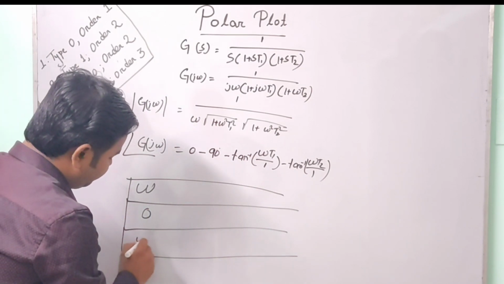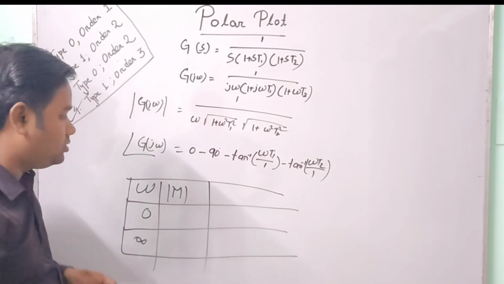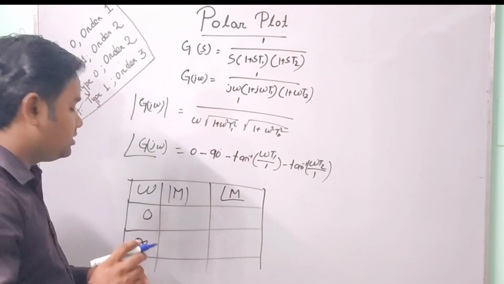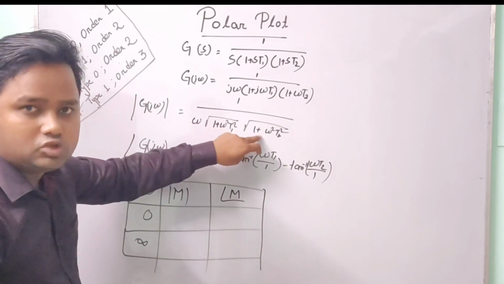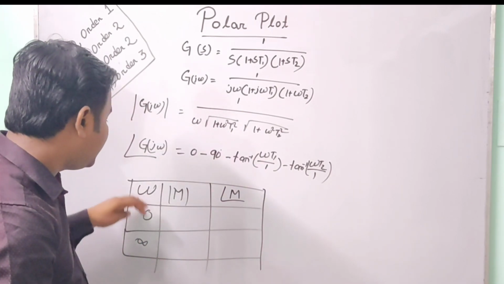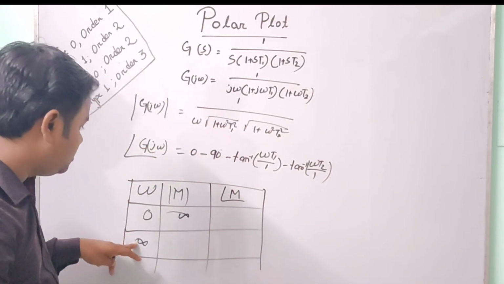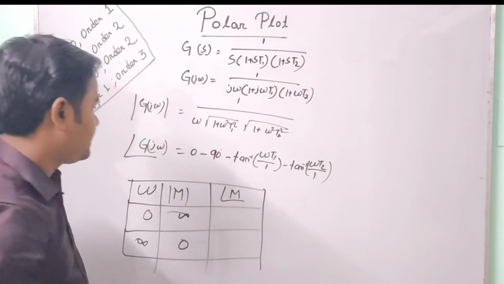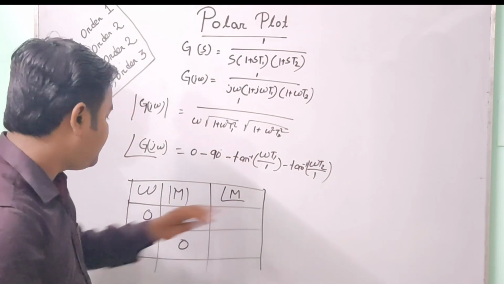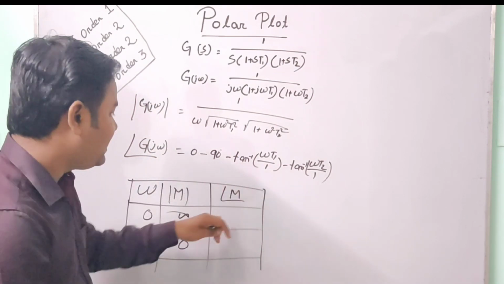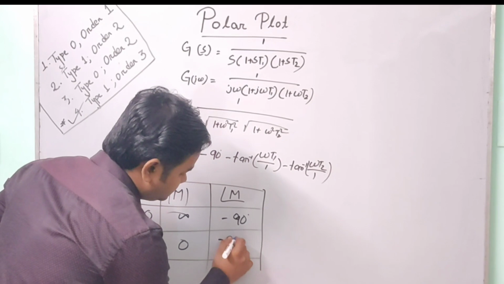If I put omega equal to 0 and infinity in the magnitude formula, I get: if omega is equal to 0, the magnitude is infinity, and if omega is equal to infinity, the magnitude is 0, because 1 by 0 is infinite and 1 by infinity is equal to 0. Now by putting the values of omega in the angle, I get minus 90 degree and minus 270 degree.